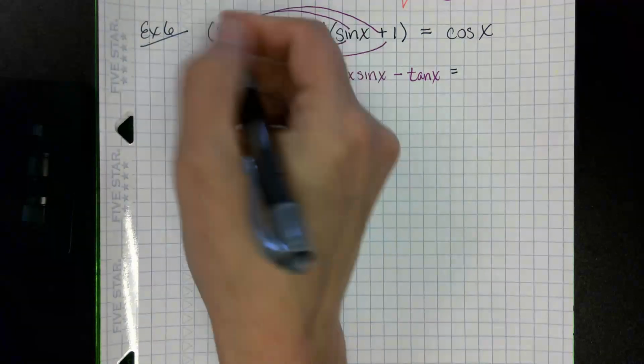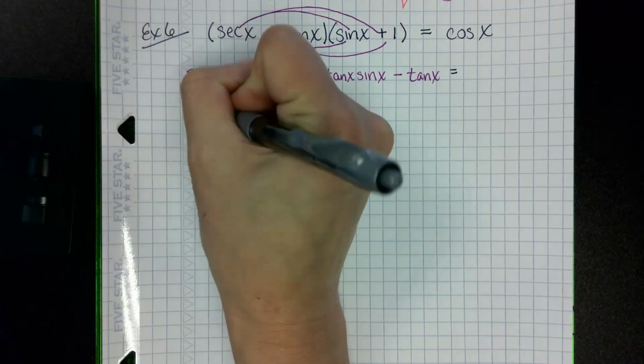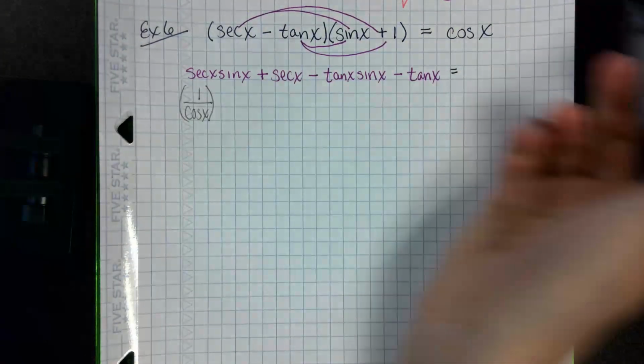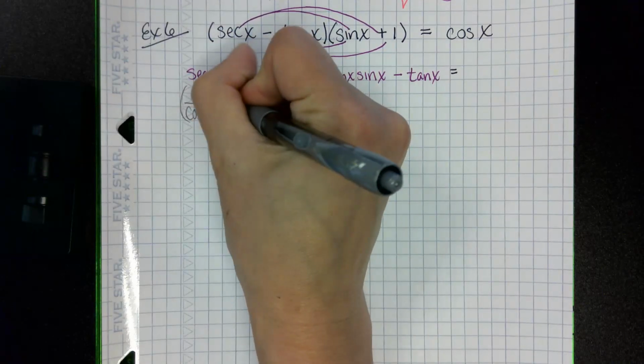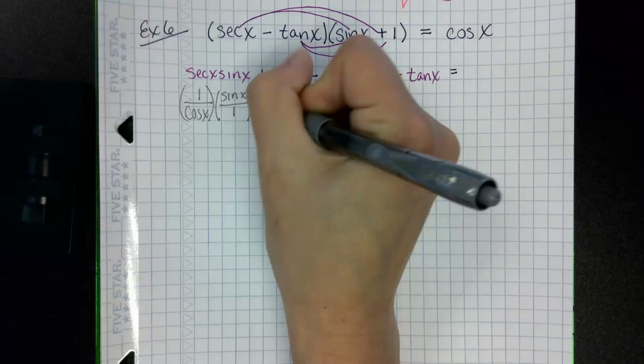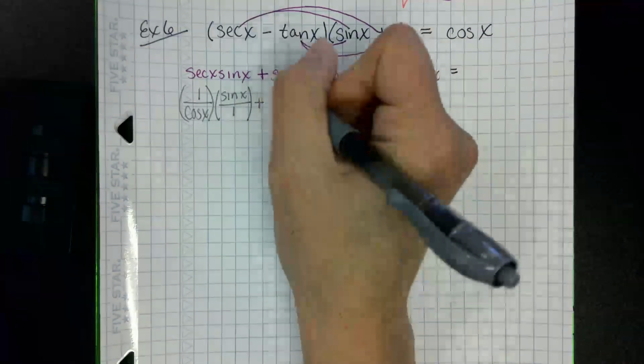So secant x is 1 over cosine x. Put in parentheses. Sine x, if I'm going to make it a fraction, I'm going to put it over 1. So sine x over 1. Plus sign is a plus sign. Secant x is 1 over cosine.